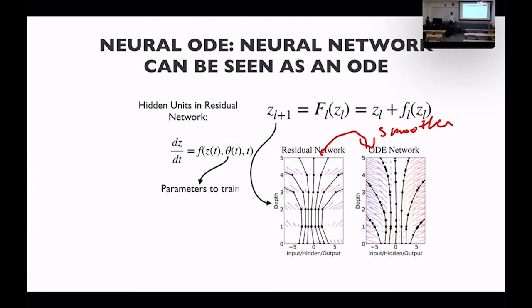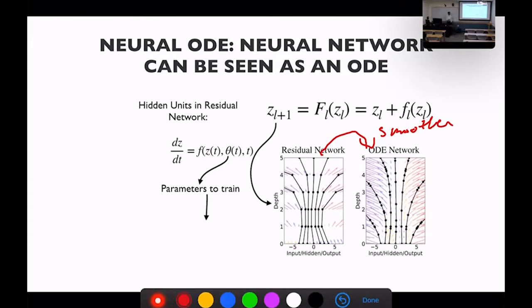So where are the neural networks? These are the neural networks that you train. Theta are the parameters. F is whatever you choose, activation function, and so on. And then you set up the loss function.